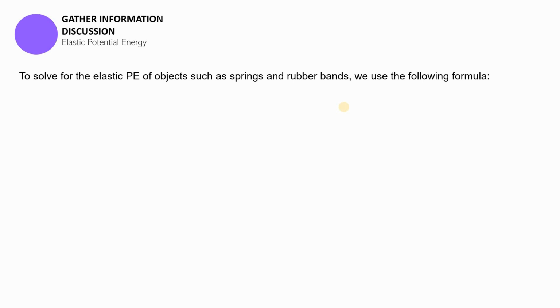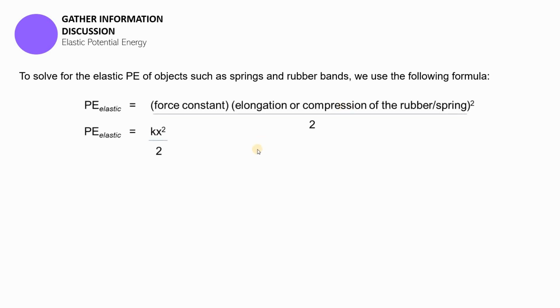Now, that is elastic potential energy as a concept explained in words. But mathematically, it could be explained as the following. It is the product of the force constant or the spring constant of a particular spring, which is usually given. Okay, pero sometimes you can still solve for it given this kind of formula.